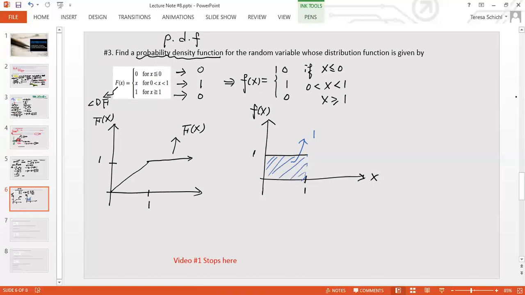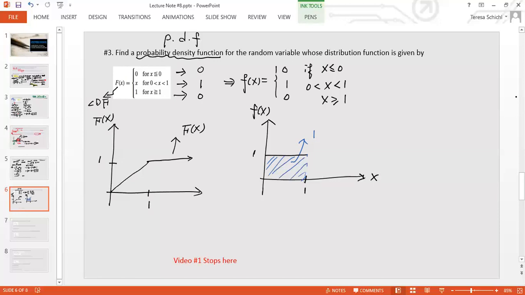Okay, so I'm going to stop here for this video. We have three more problems I want to talk about, just more practice, so let's talk about those in the next videos. The first two problems here are very fundamental: from the PDF to the CDF, and from the CDF to the PDF.